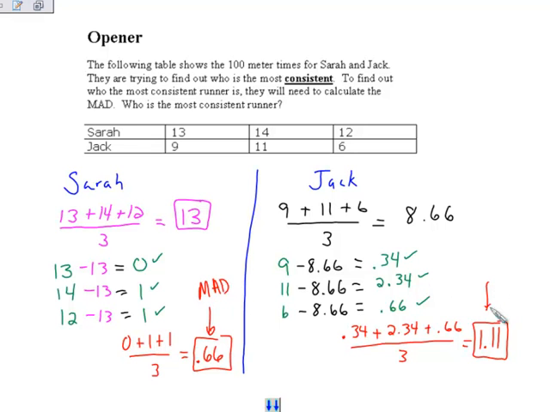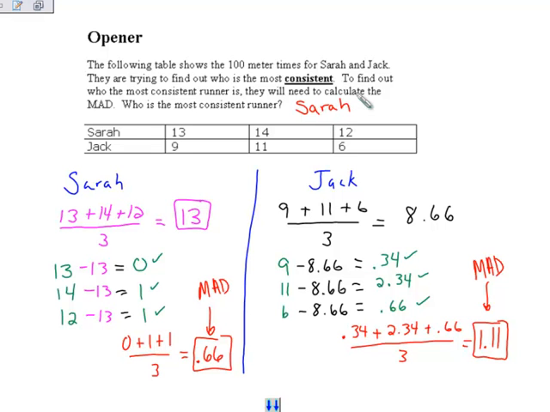This is Jack's MAD. The closer the MAD is to 0, the more consistent the data. Let's look at those two points. Ask yourself, which one of these is closer to 0? In this case, Sarah's MAD is closer to 0. Therefore, who is the most consistent runner? The answer is Sarah.